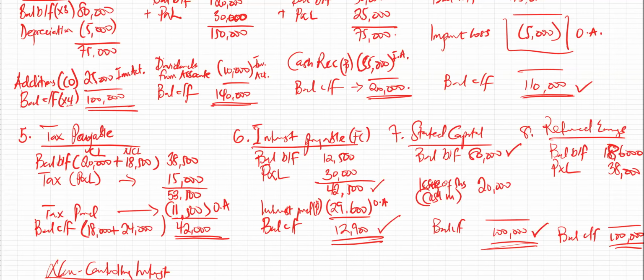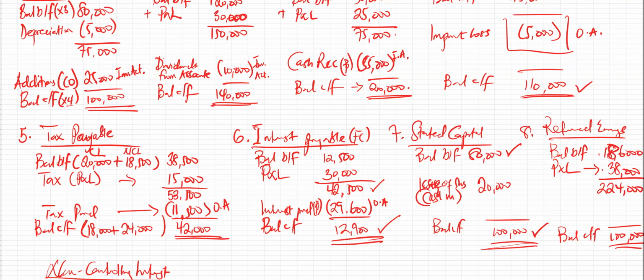Good. Now, retained earnings used to be 186. Then profit for the year was added. So what do we get? 186,000 plus 38,000 is 224,000.